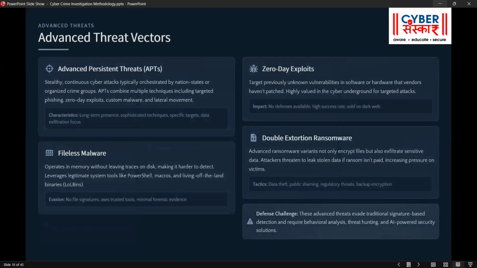And now advanced threats. What are the advanced threats? That is stealing continuously, continuous cyber attacks, typically by nations, states, organizations, or crime groups.